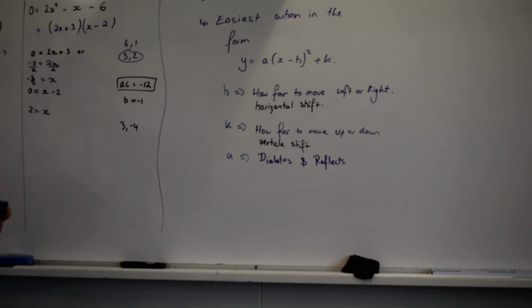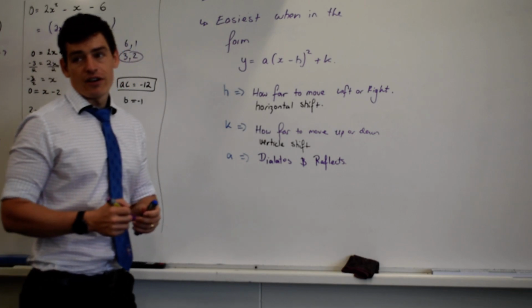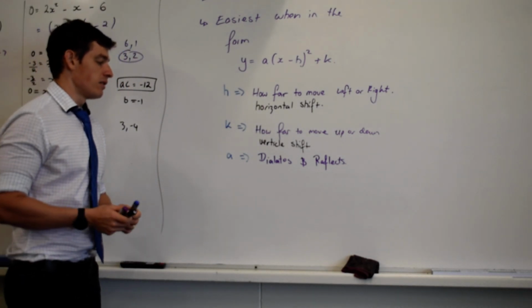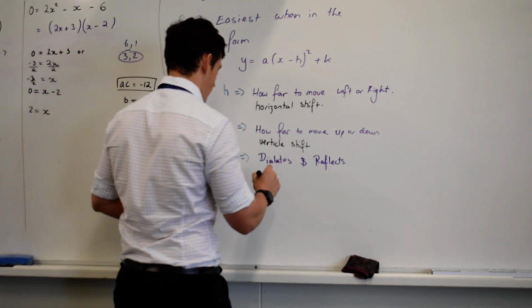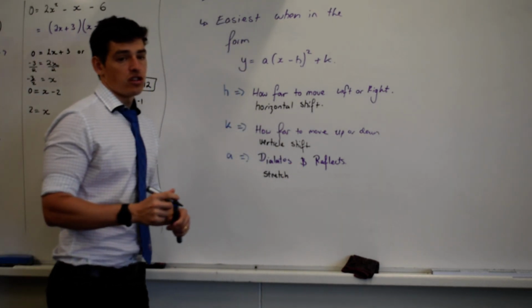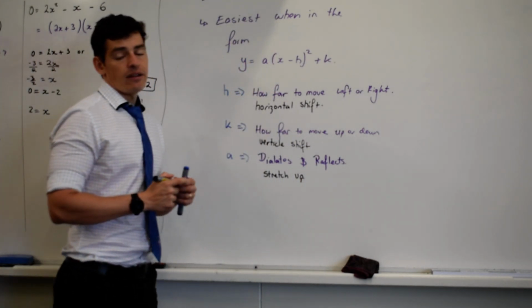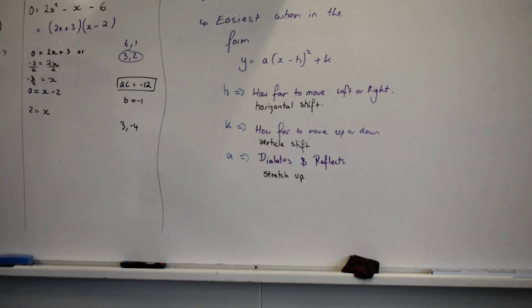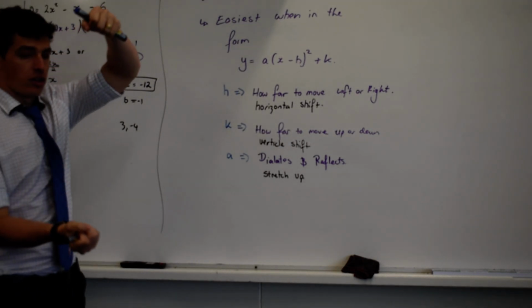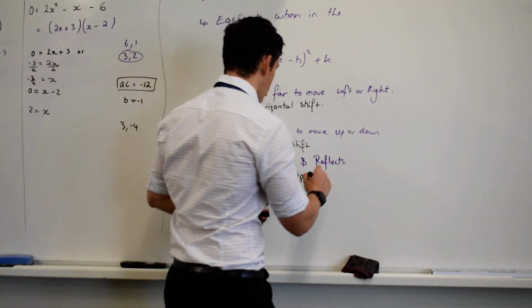So let's say, I'll just do this first and we'll talk about it, I won't confuse you. So what does A value do when I say dilate? What does that mean? So stretches it up. So if A is 2, I'm pulling my graph up like so. Cool, I'm making it more vertical than it was before.